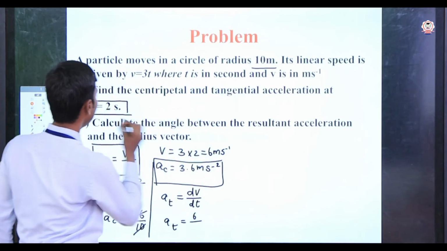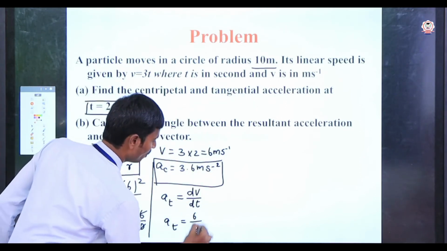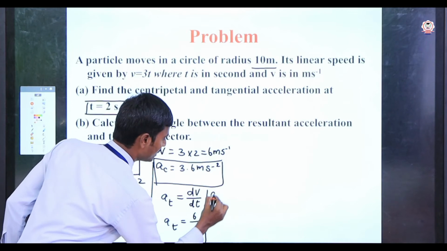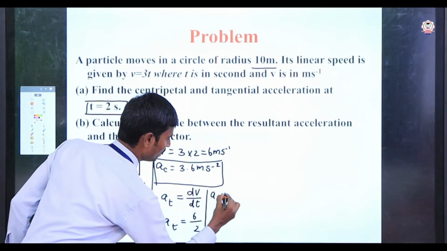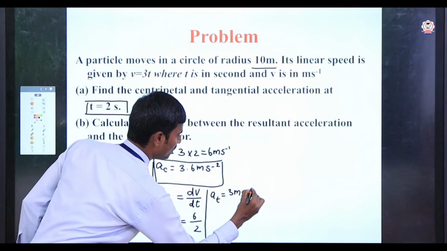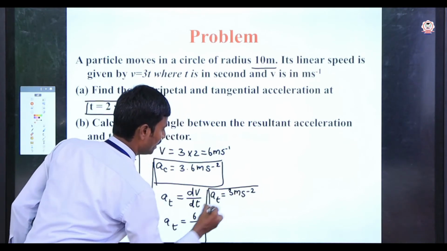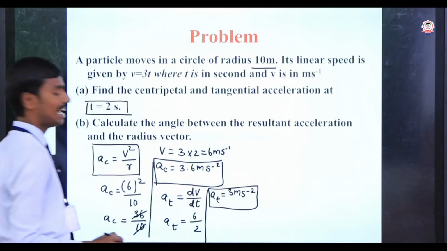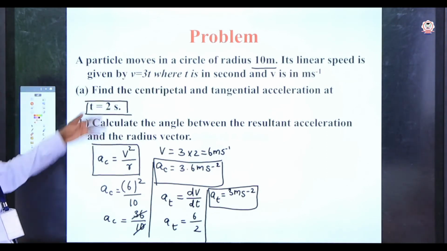Time is given: 2 seconds. So tangential acceleration AT equal to 3 meter second power minus 2. This is the second part, the AT value. First question completed.